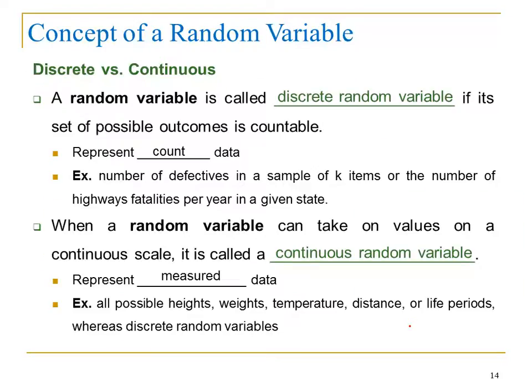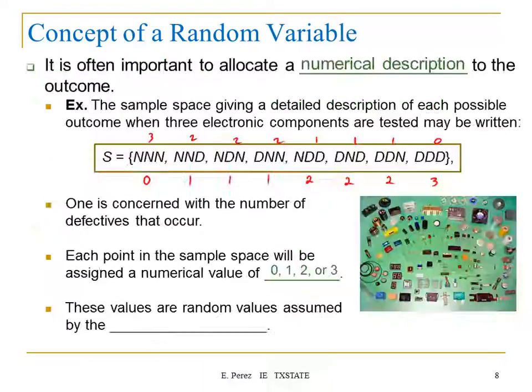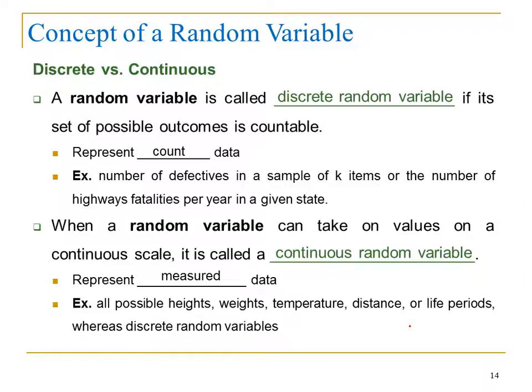But when you're trying to represent measurements, then it becomes more difficult, because a measurement can take any value within a line segment and can include decimal points. So these are represented using a continuous sample space, and we call them continuous random variables.